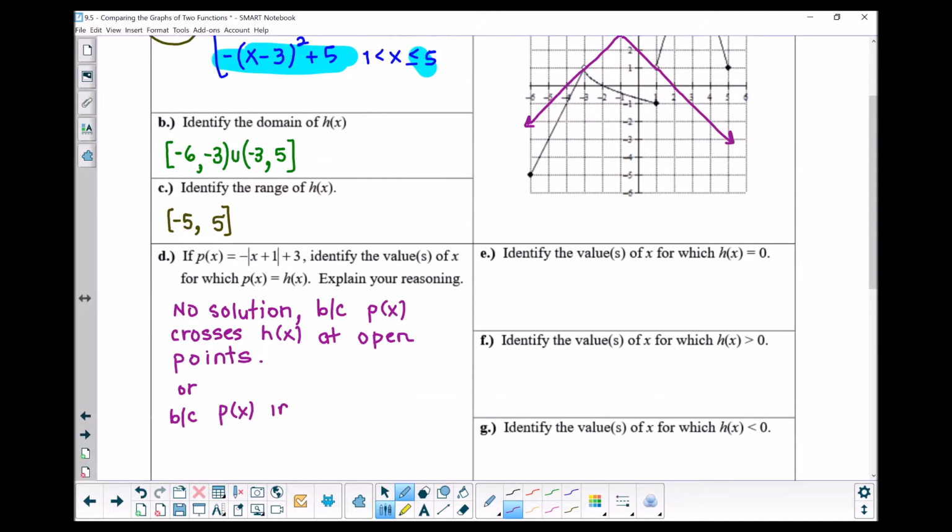P of x intersects h of x at points that you could say aren't in the domain of h of x, or that h of x is not defined for, or for which h of x is not defined.